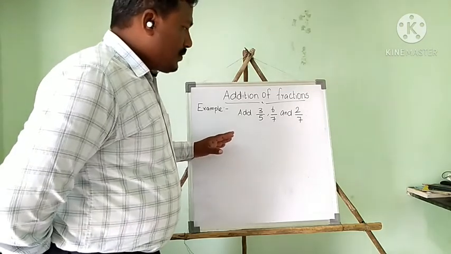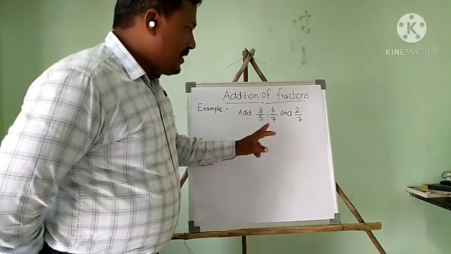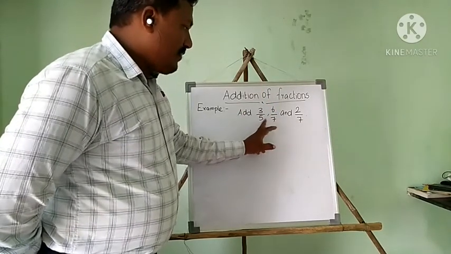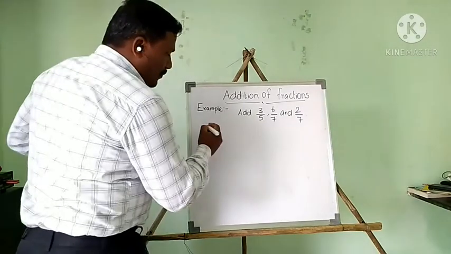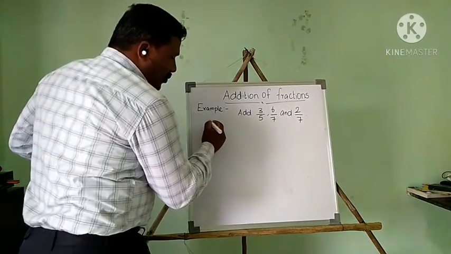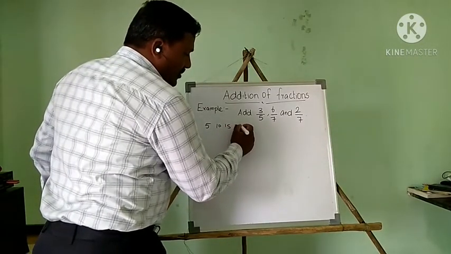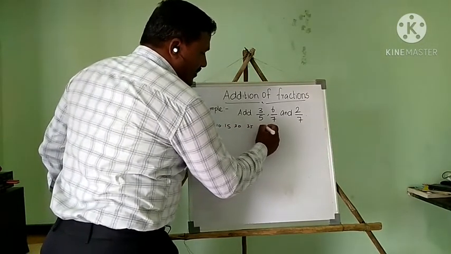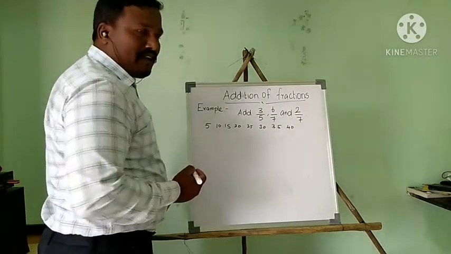So first of all, I am going to find the multiples of 5 and 7, because 2 by 7 is also there. Multiples of 5: 1 5 is 5, 2 5s are 10, then 15, 20, 25, 30, 35, 40. This is the multiples of 5, you know very well.